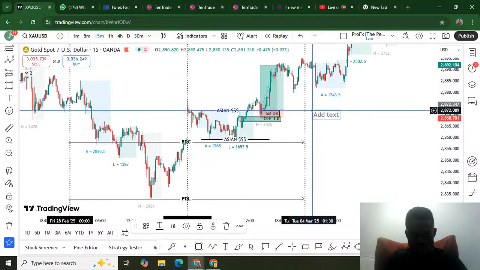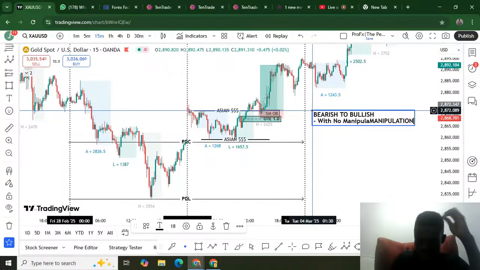Right? This is bearish to bullish with no manipulation. So you now write what price action did, so that when next you have something like this, you can relate.